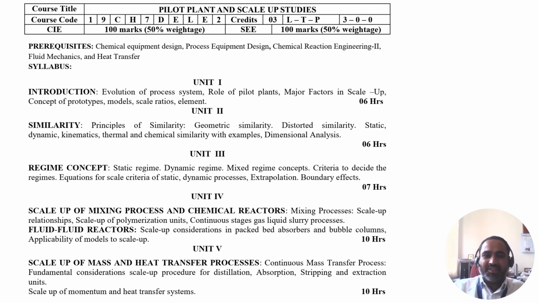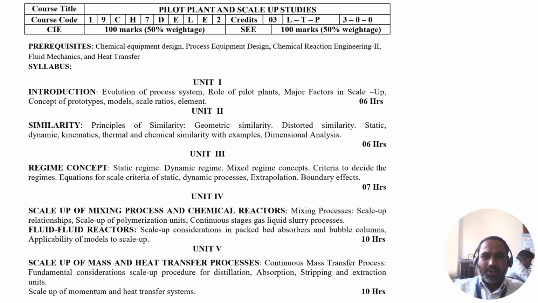Based on those parameters, we establish the dimensionless groups. As in the example of a fluid flow system, the pressure drop coefficient is a function of Reynolds number, Weber number, and Froude number. Based on this, we equate the dimensionless groups in the model and the prototype, and based on that, we predict the performance of the parameters in the prototype. That is the advantage of using these dimensionless groups.